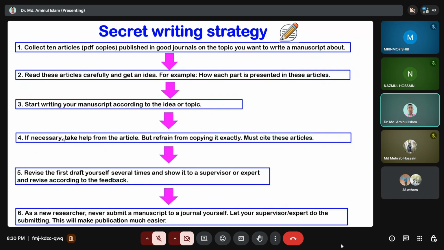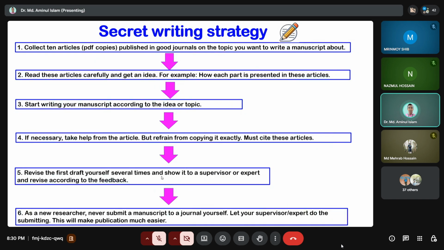If necessary, take help from the articles, but refrain from copying them exactly. You can paraphrase or write it in your own language. However, you must cite these articles. Then revise the first draft yourself several times and show it to your supervisor.